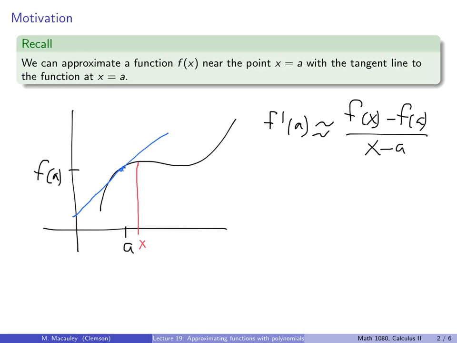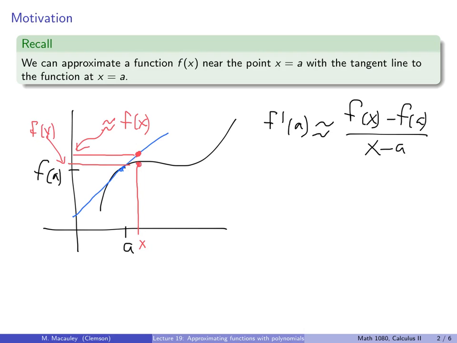This value is exactly f of x, but using the tangent line approximation, this red dot is the value on the line. So this value here is going to be approximately equal to f of x.